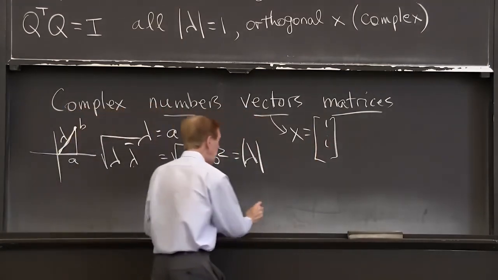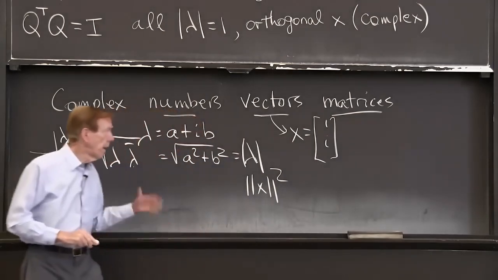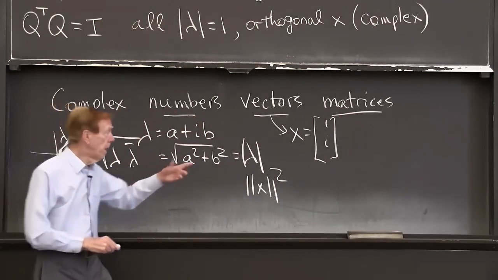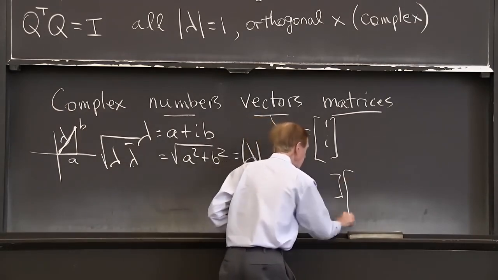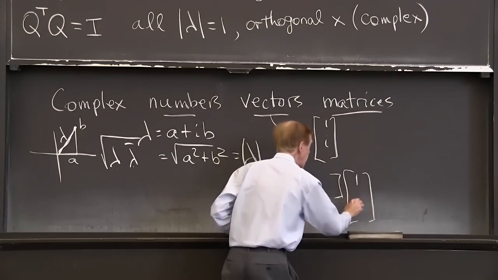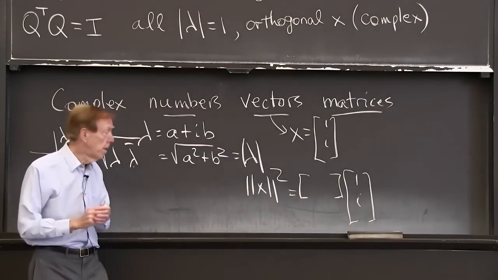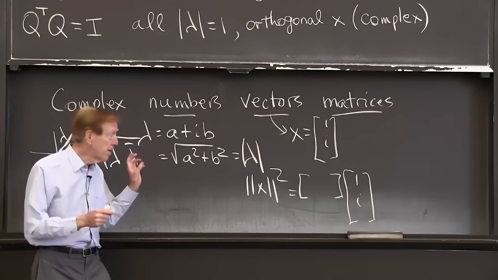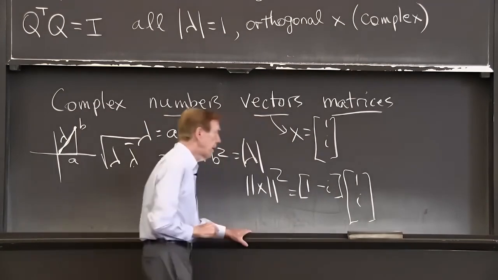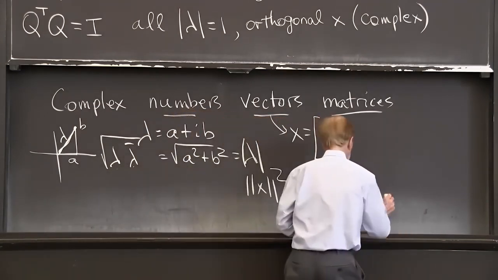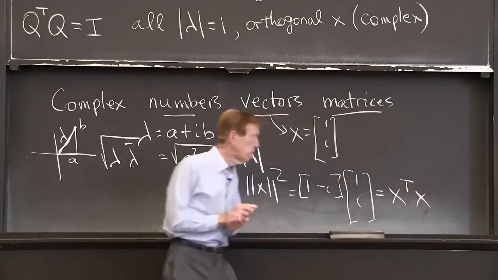So the length of x squared, the length of the vector squared, as always, I can find it from a dot product, but I have to take the conjugate of that. If I want the length of x, I would usually take x transpose x, right?